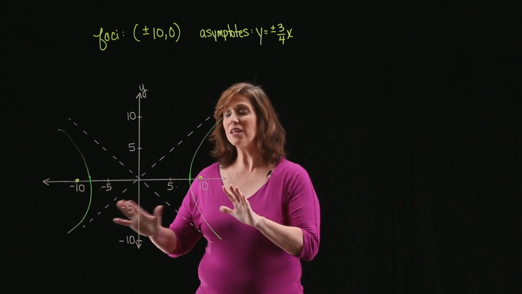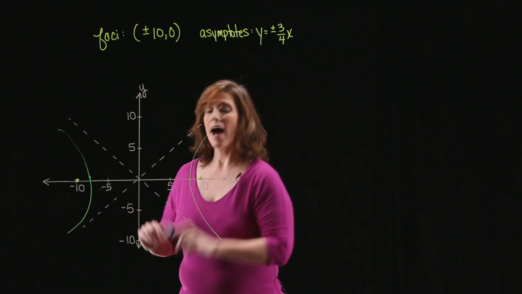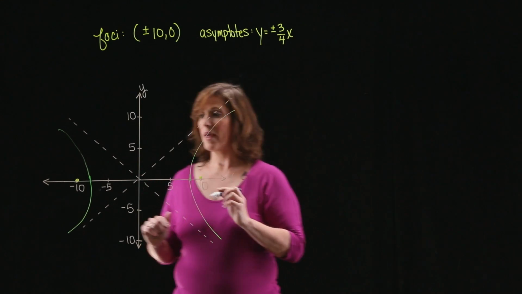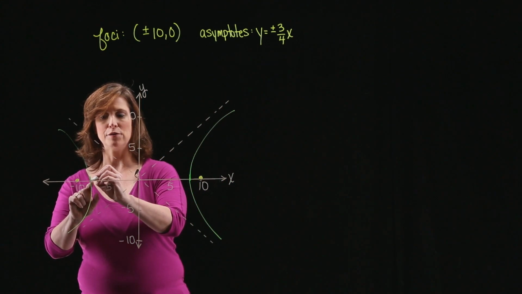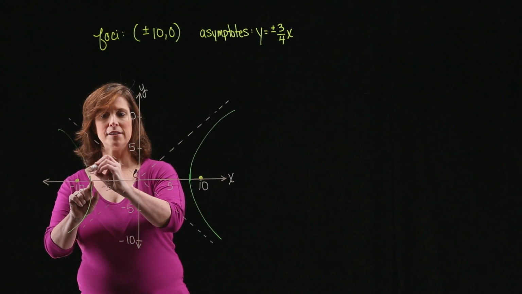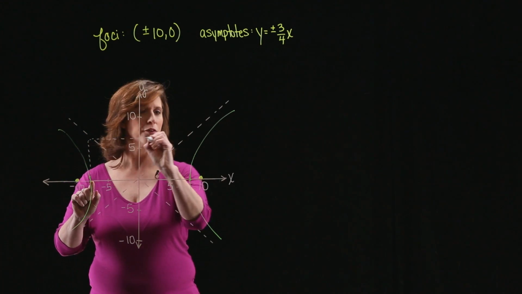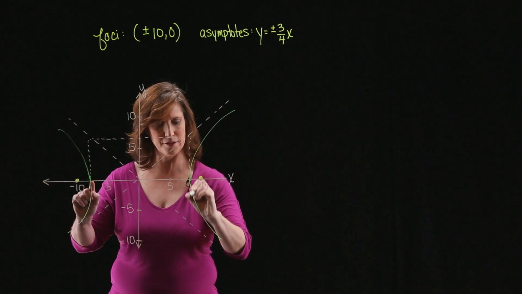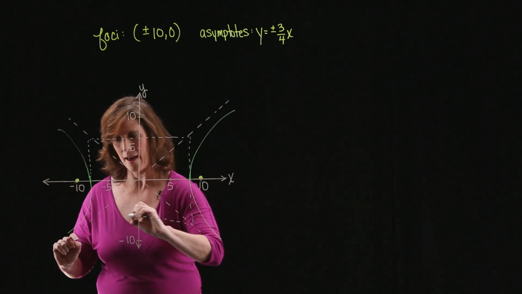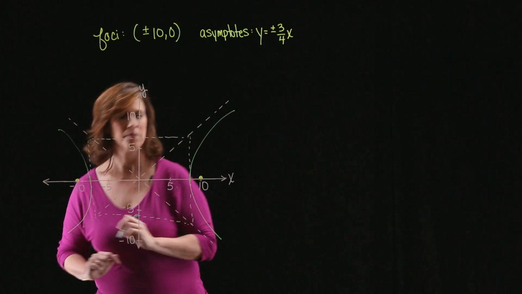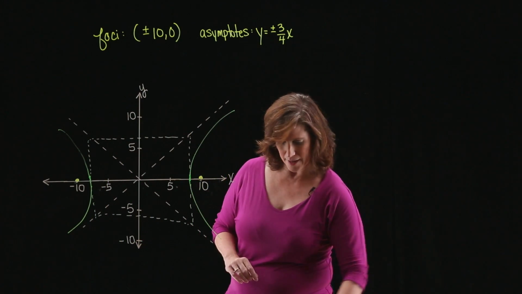All right, now usually when I graph something like this, I draw in a rectangle to help me. And the rectangle I'm going to draw goes through the vertices, up and over, down through the vertices, and down across. Now, why did I draw that in?